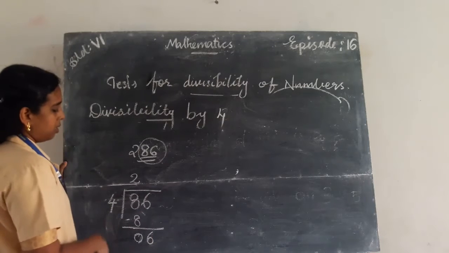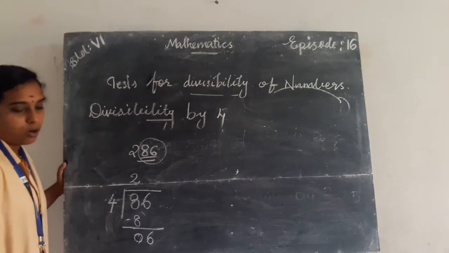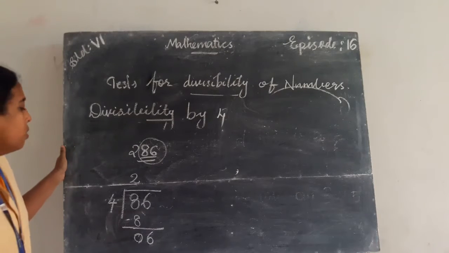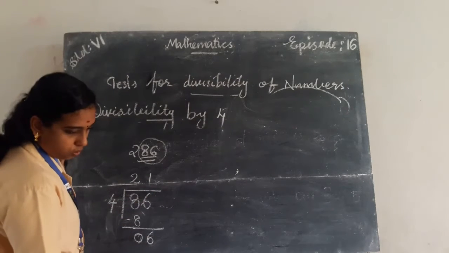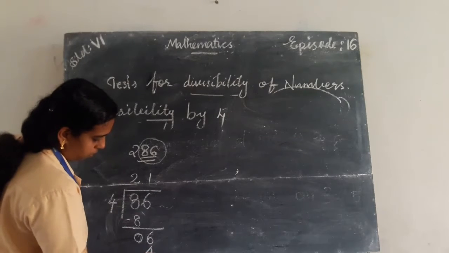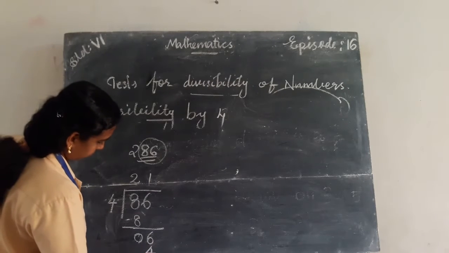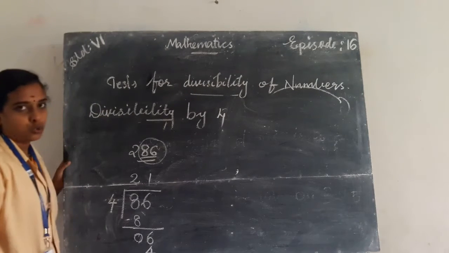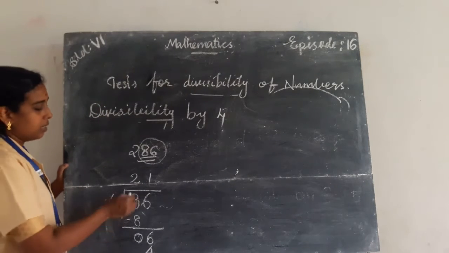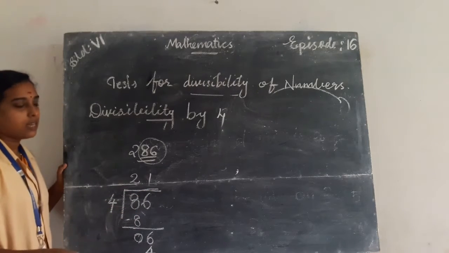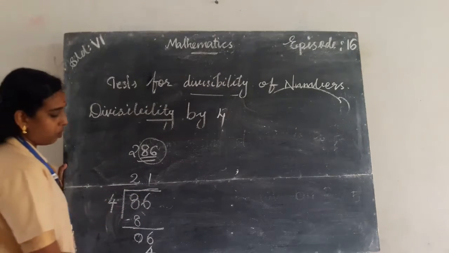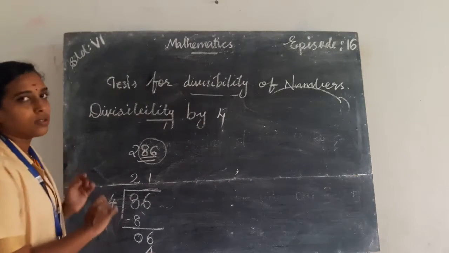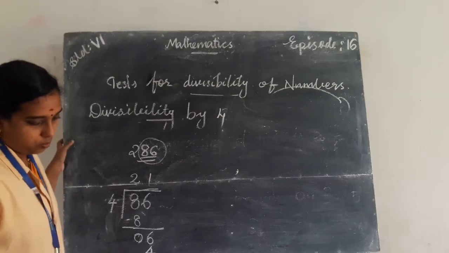Then 6: how many 4s are in 6? One 4 is 4, and we get remainder 2. So the number is not divisible by 4. If a number is divisible by 4, then we get remainder 0. So 286 is not divisible by 4.